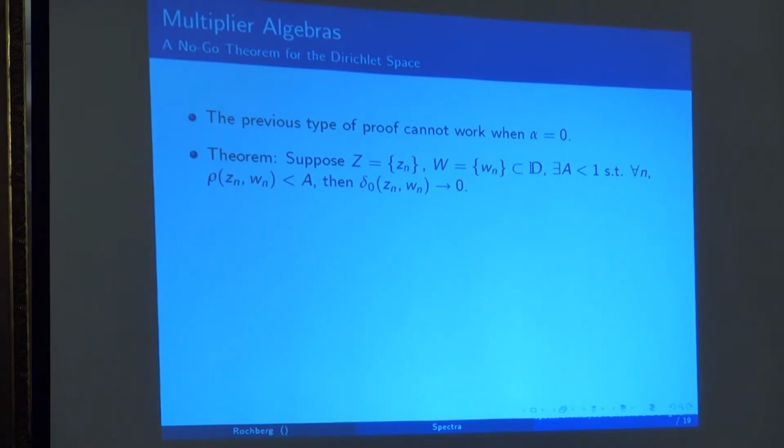If I take those disk automorphisms I was talking about, it doesn't change the pseudo-hyperbolic distance. The fact that that distance doesn't change is what made the proof work in the Hardy space. The fact that it doesn't change means it has to be tending to 0 in the Dirichlet space, which means the two limit points are the same.